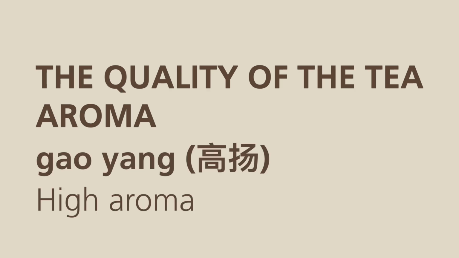First up, there is high aroma, called gao yang in Chinese. This is an intense and lasting aroma. An aroma that really hits you, is there, is present, and just stays and won't leave. It's very strong, and a tea can be good in that way.